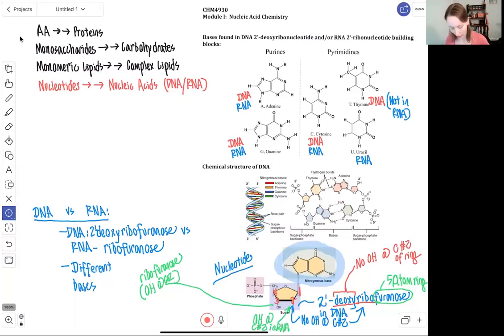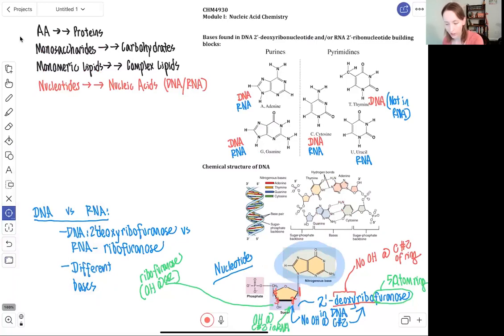But the main things to keep in mind are that there are some differences in the bases that are used and incorporated into the nucleotides for DNA versus RNA, and DNA has a chemical structure difference in the sugar group that is present there. They all have in common the 3 overall general components that the building blocks of DNA and RNA have: a nitrogenous base of some sort, a ribose-derived sugar molecule of some sort, and this phosphate group that is necessary for applications of this.